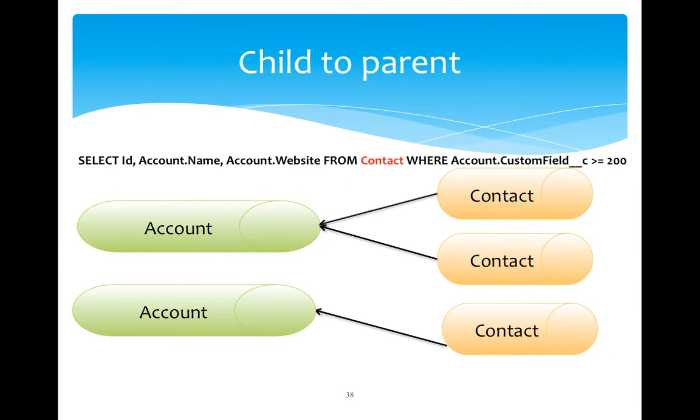If you see from here, child to parent, you would clearly understand that your target object is a child object, and you want to include a few fields of its parent, which in our case is account, in your result set. So this is the simplest query you can write for child to parent.